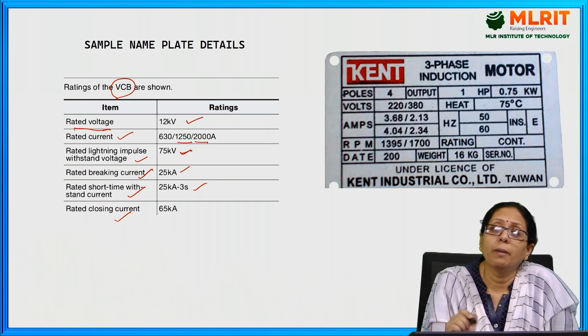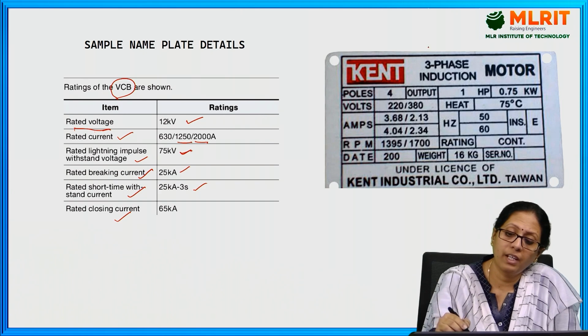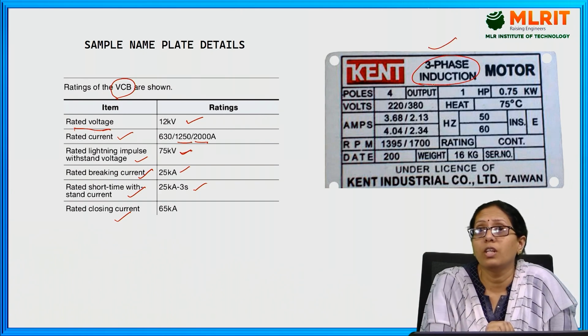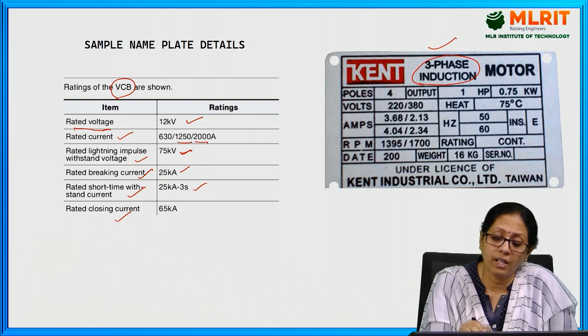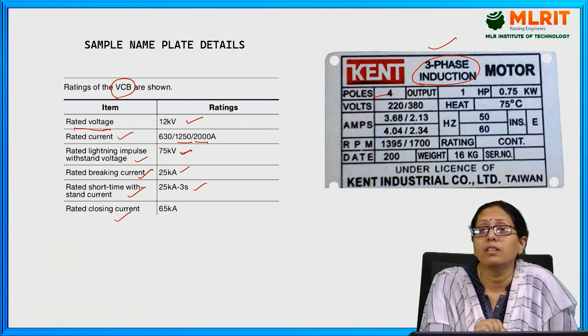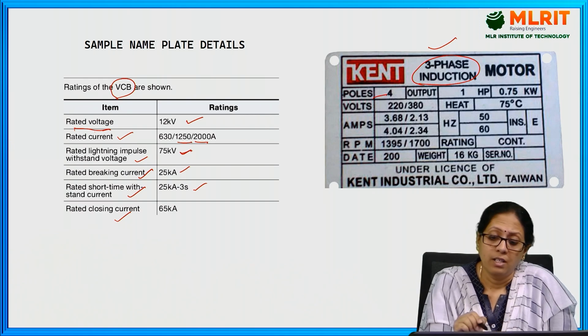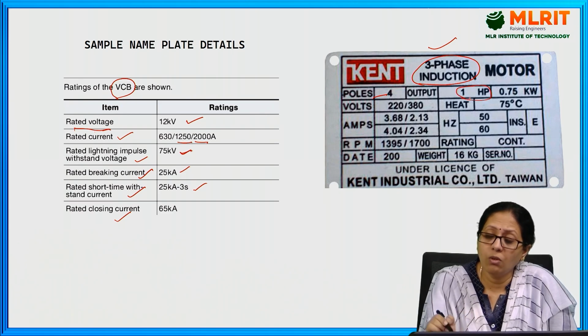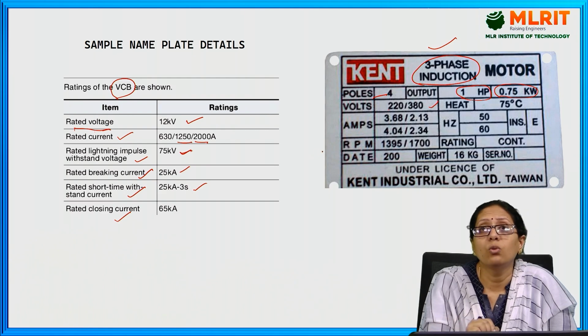Here, one more nameplate I have taken is for a 3-phase induction motor, where the poles are 4 here, that is R, Y, B as well as N neutral. The output is around 1 HP, 0.75 kilowatt, and the voltage is 220 to 380 volts.